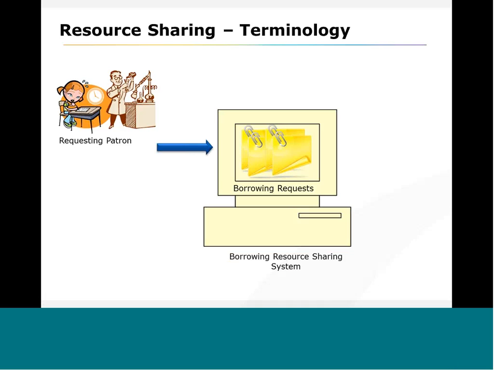So the resource sharing system is going to do a bunch of things that have to do with finding out who has this resource, making contact with that institution, and eventually obtaining the resource and getting it to the hands of the patron. So we'll go into the different parts, the different actions this resource sharing system does as we go on in this session. But this resource sharing system is what's standing between the requesting patron and the resource.